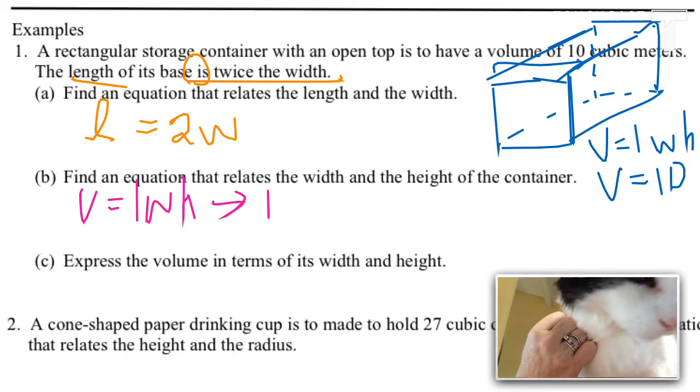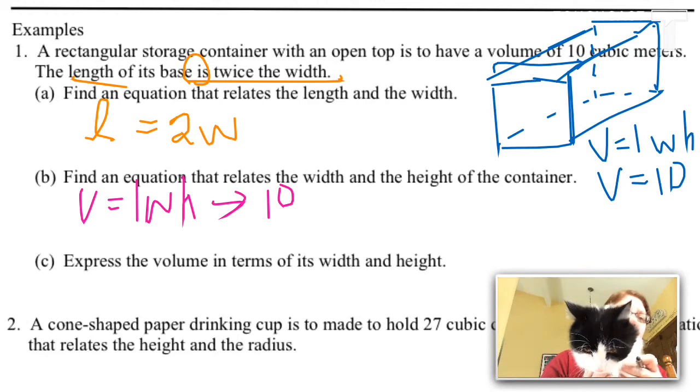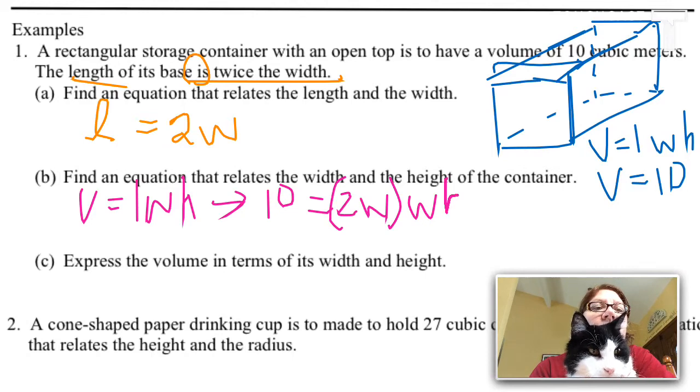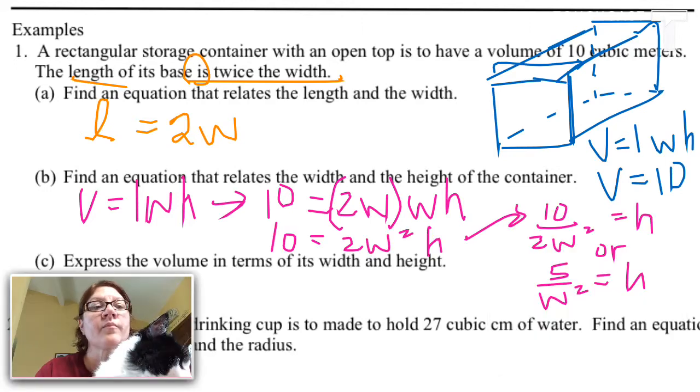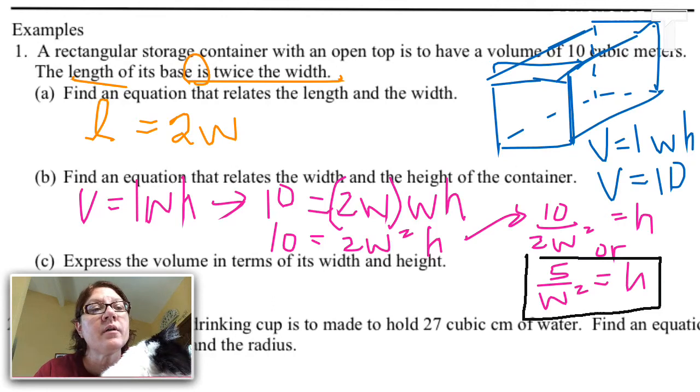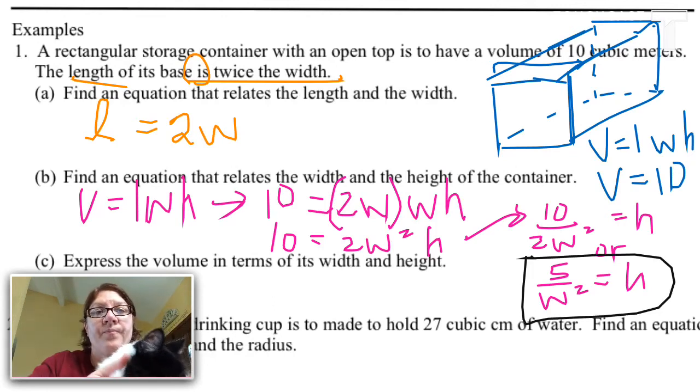So now I'm plugging in the 10 equals 2W, that's the L substitution, times W times H. And I can simplify this so that I have H by itself if I want, and it'll look like this. So make sure you can follow all of my work all the way through here.